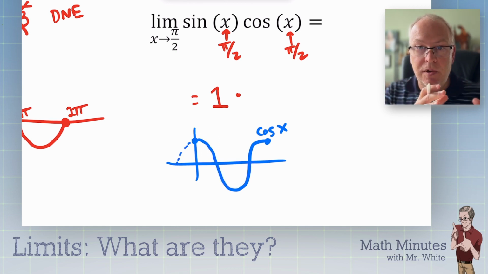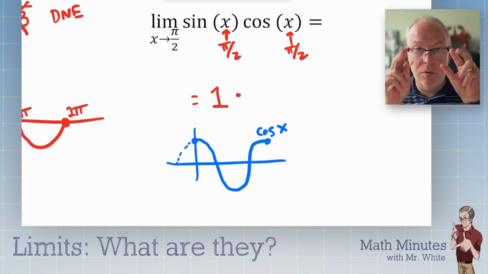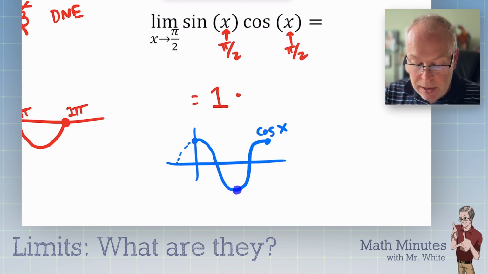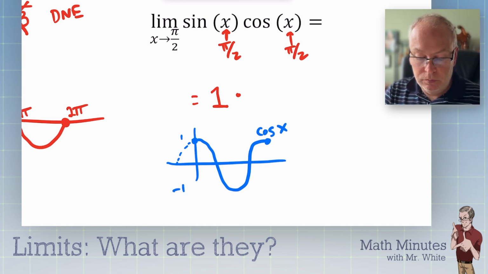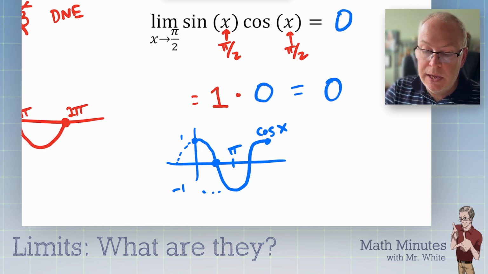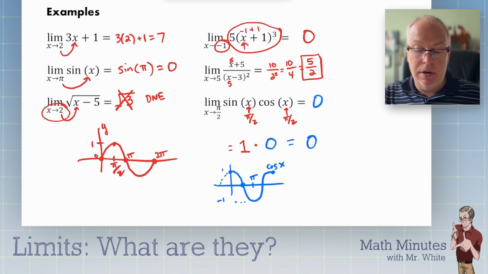Cosine has just been moved over a little bit. So I like to think of that as, quote, starting at 1. It bottoms out at -1. This happens at pi. So where is it at pi over 2? It's at 0. Cosine of pi over 2 is 0. So once again, we get the value of a limit as being 0.